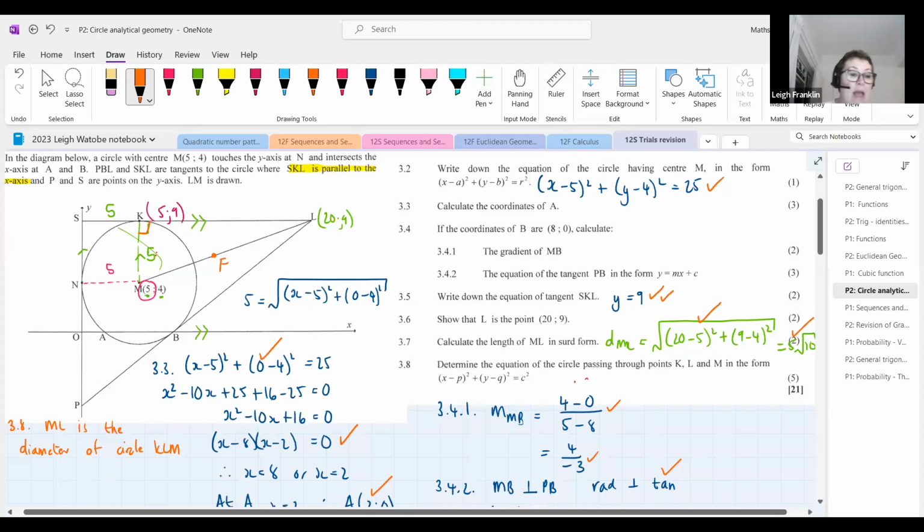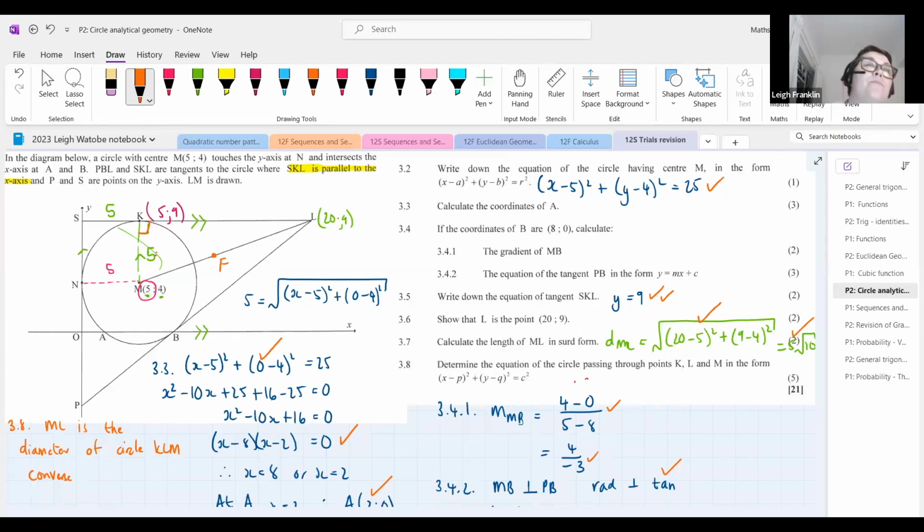Okay, and the reason that ML is the diameter of circle KLM is because there is a right angle at K. All right, so that would be the converse of angle in a semicircle.